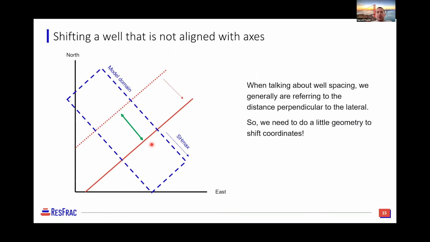So that's generally the way that we think about well spacing, not along various azimuths, but in fact just perpendicular to your original well orientation.